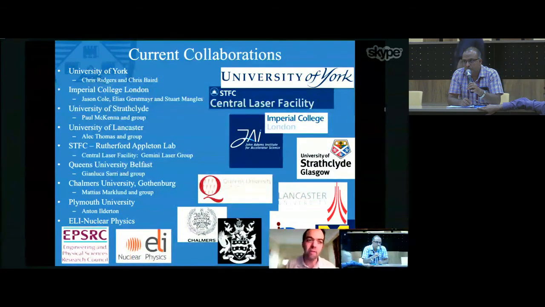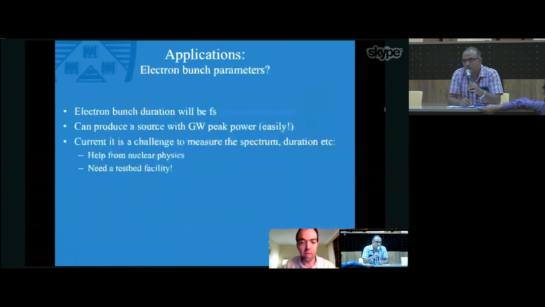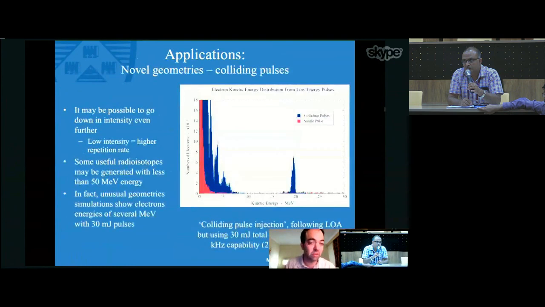It's slightly non-linear, but the second laser was counter-propagating in order to encourage injection. But as I say, these are simulation results, so I think you can probably only take these with a certain amount of confidence.